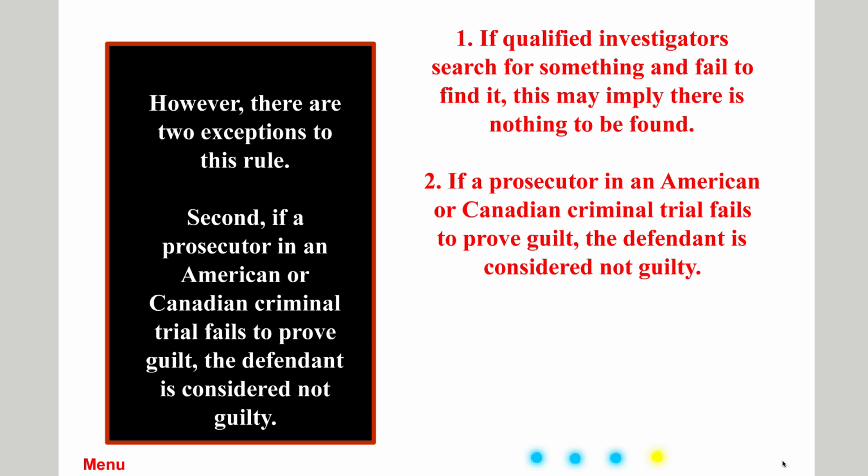Secondly, if the prosecutor in an American or Canadian criminal trial fails to prove guilt, the defendant is considered not guilty. Right? So that's the second way in which proving nothing actually does lead to a conclusion, which is that the person is not guilty. Okay? But again, ignorance does not generally lead to positive knowledge. And again, when I say positive knowledge, I mean you go from ignorance to suddenly having knowledge of something.